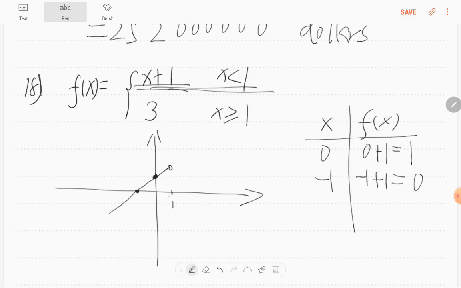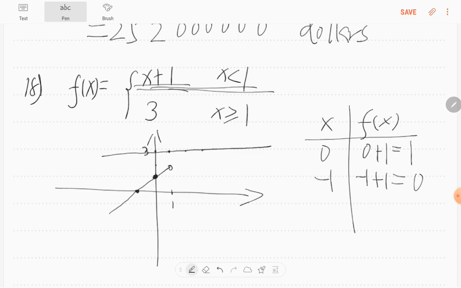When x is greater than or equal to 1, f equals 3, so it's 1, 2, 3. 3 is here. When x equals 1, it equals 3. When x equals 2, it also equals 3. When x equals 3, it's 3. So it's a horizontal line, right? Of course, when x equals 3, we have another part.